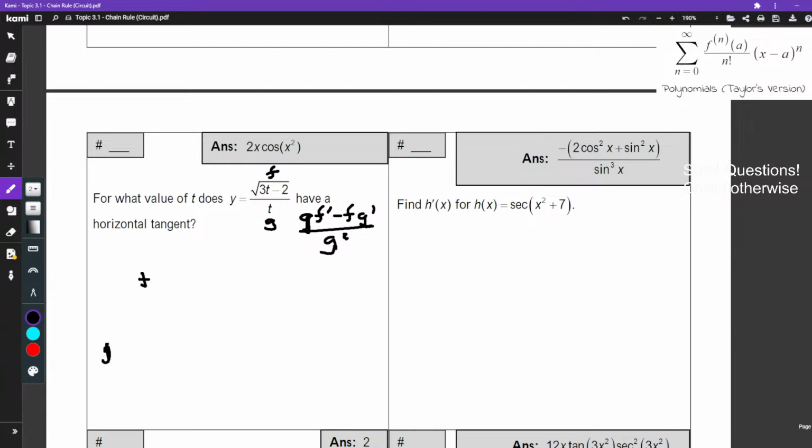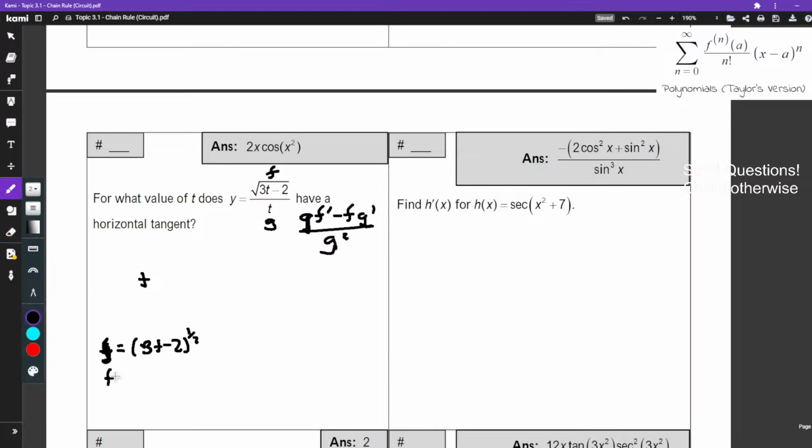So my f function is equal to 3t minus 2 to the 1/2. f prime equal to the derivative of this. Inside sucks, so we have to do a substitution there.